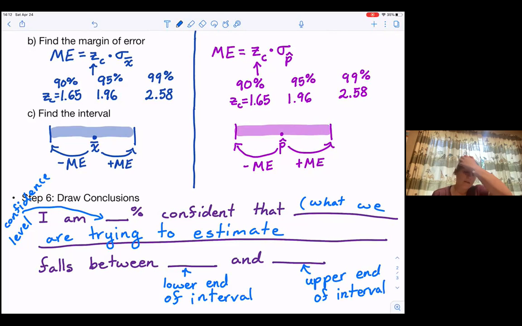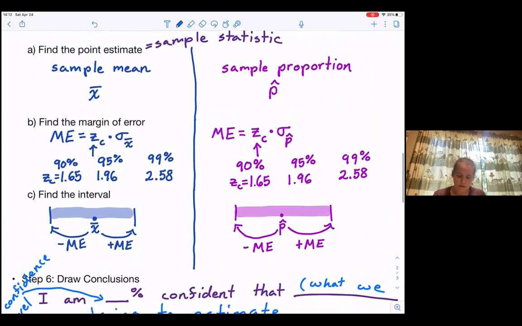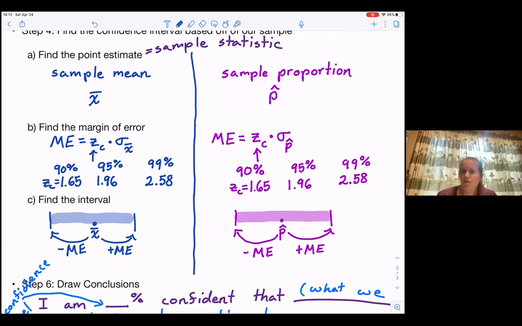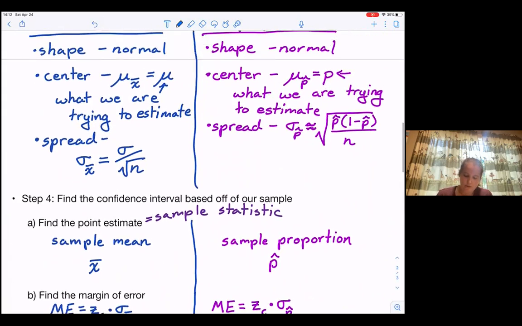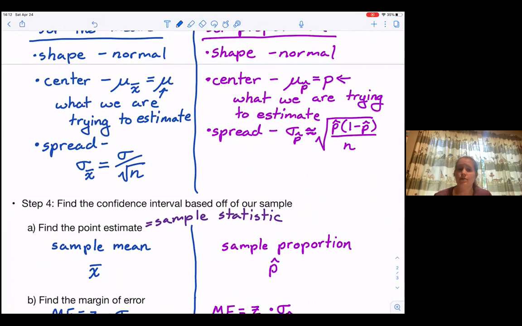So again, the steps are essentially the same steps that we used in finding the confidence interval for the population proportion. The main difference is our point estimate. We are going to use x bar instead of p hat. The calculation for our standard deviation or standard error is now different.